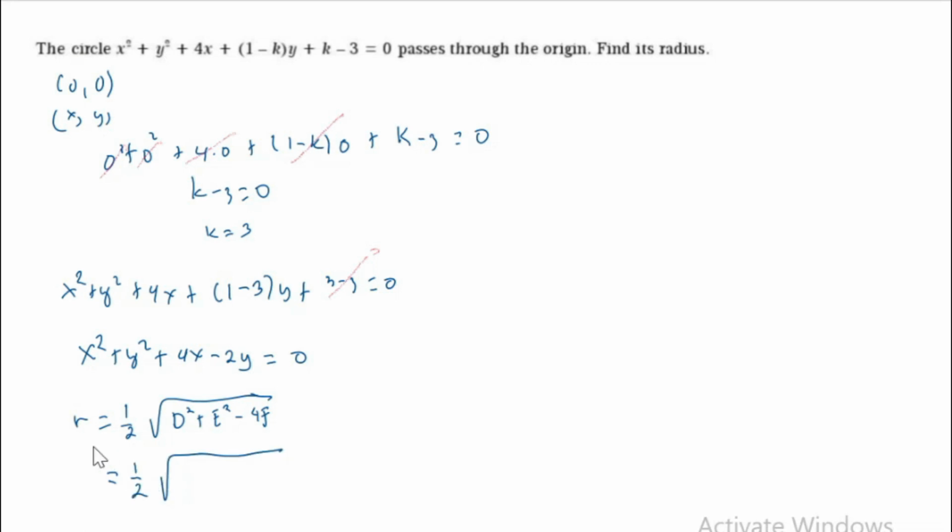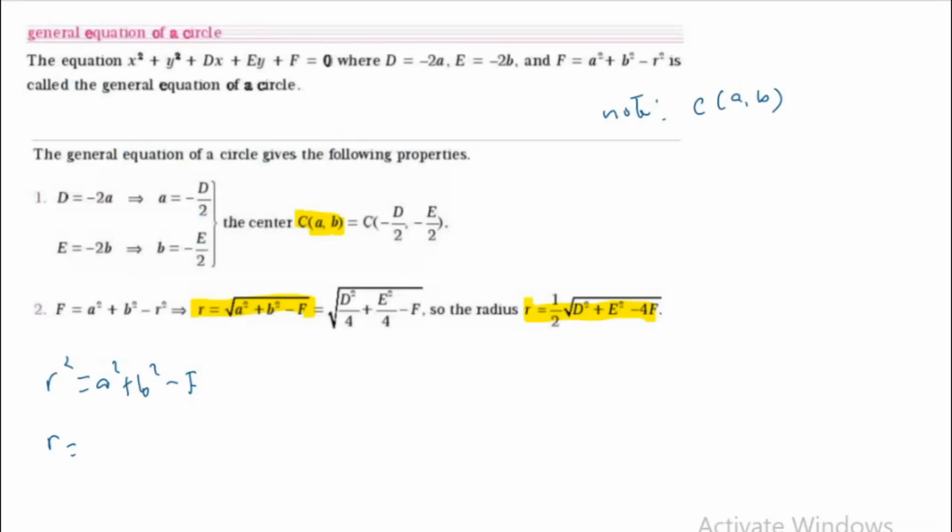So where can we find d in our formula? Going back to this, we are going to use x squared plus y squared plus dx plus ey plus f is equal to 0. Your d is the coefficient of x, your e is the coefficient of y.